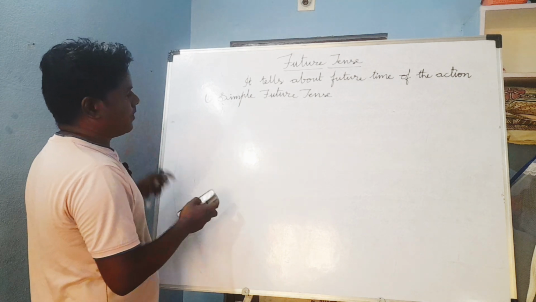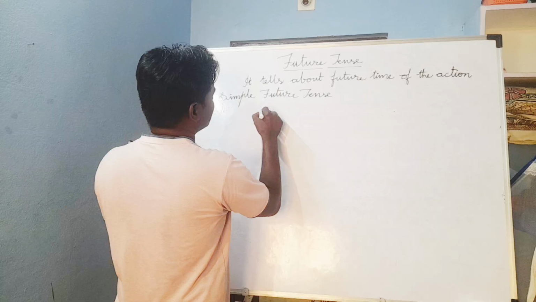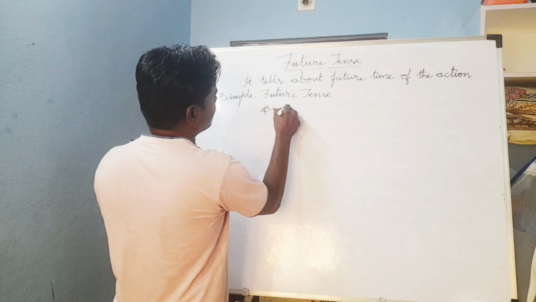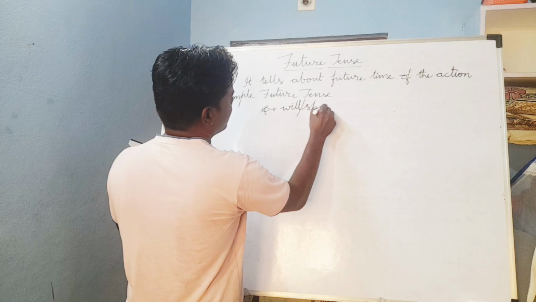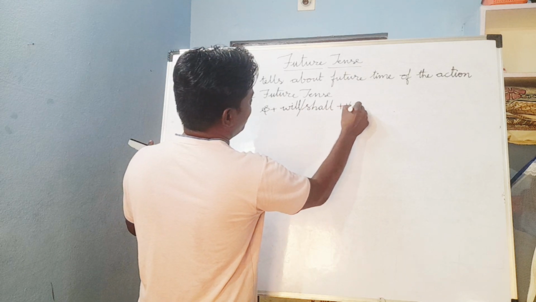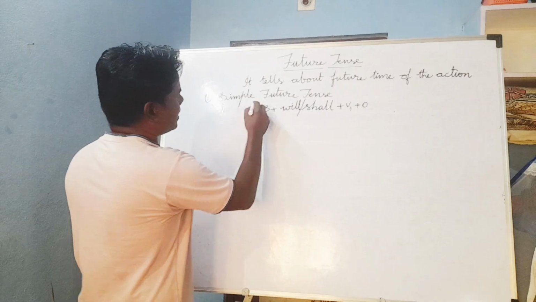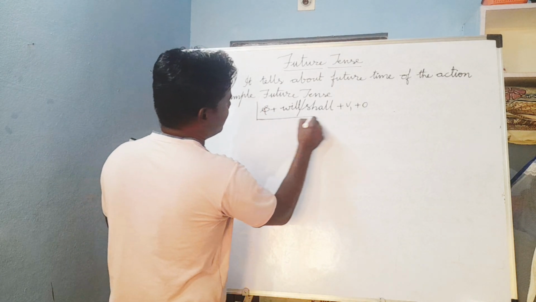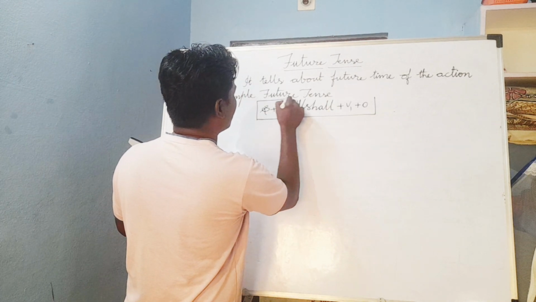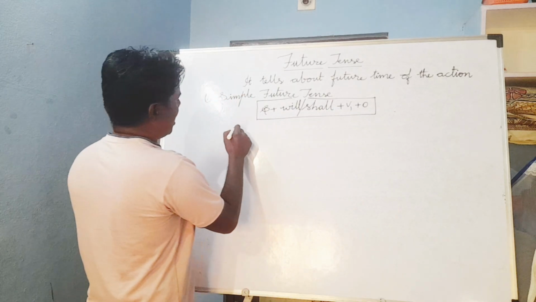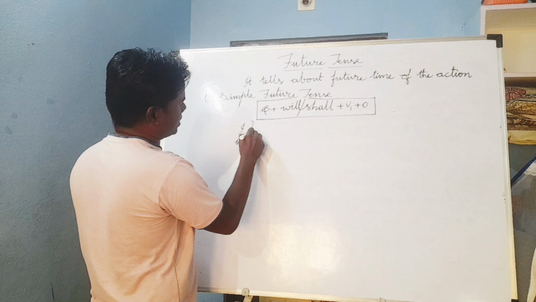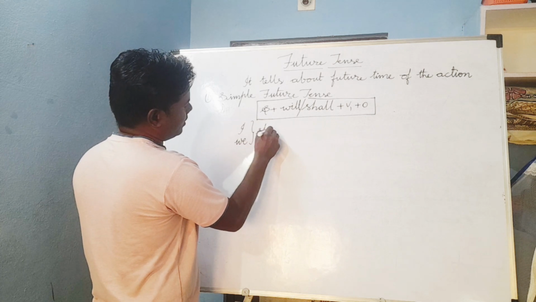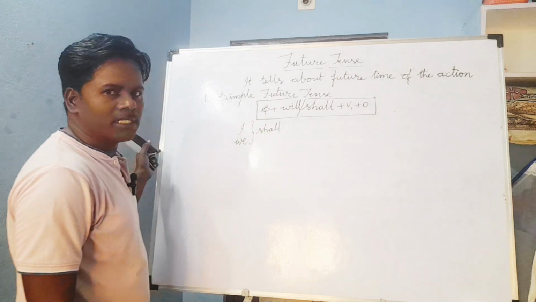So the structure of simple future tense is subject plus will or shall plus V1 plus object. This is the structure for simple future tense. Here remember, after I and we we have to use shall.